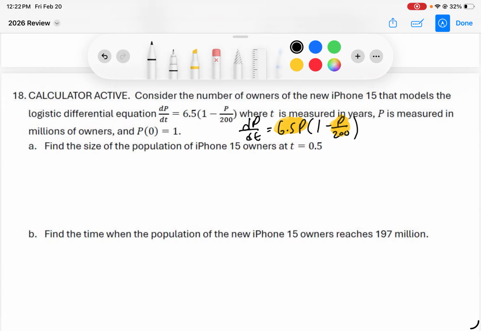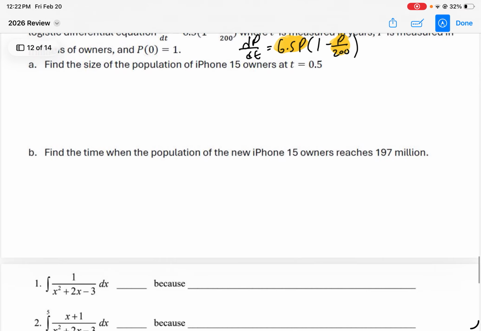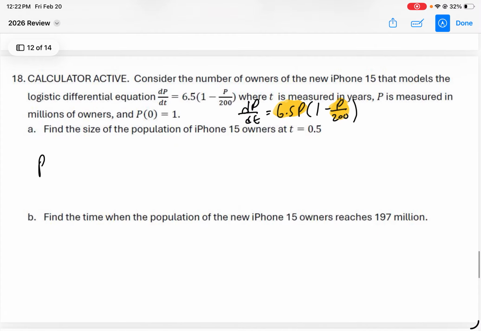Okay, find the size of the population of the iPhone 15 owners at t equals 0.5. The other thing I don't think you need to memorize is the general equation, this would be P of t is equal to L over 1 plus B e to the negative kt.